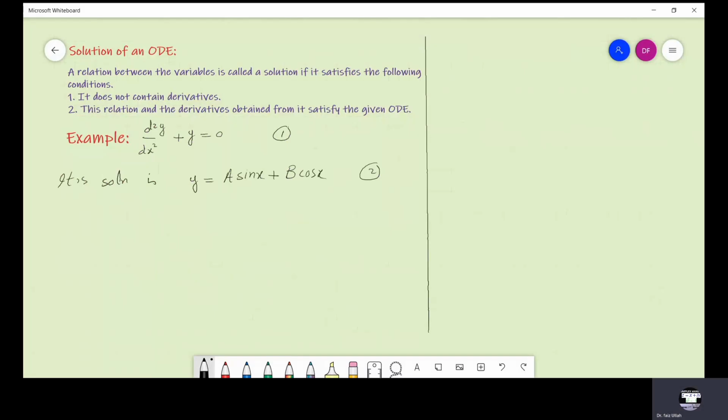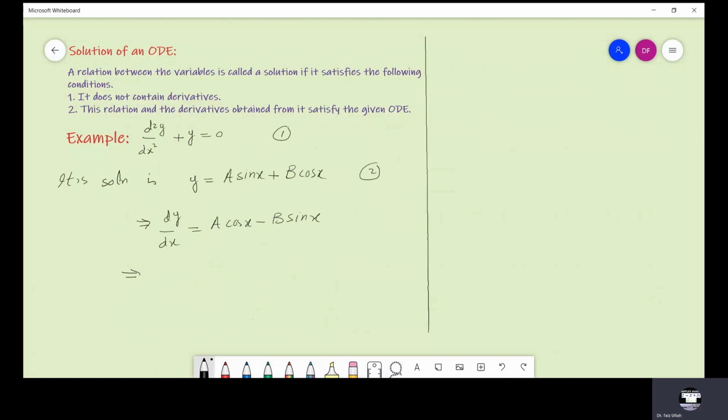To show that condition 2 is true, let us differentiate 2 with respect to x. We have dy over dx is equal to a cos x minus b sin x.